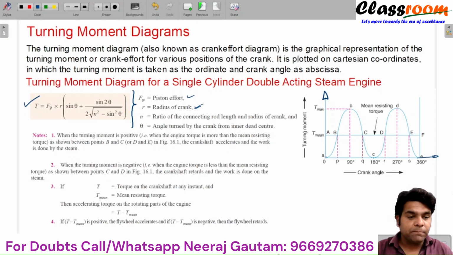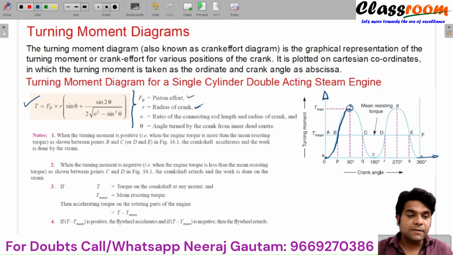You can see here the turning moment diagram for a double acting steam engine. In the first half rotation of the crank, that means when theta varies from 0 to 90 degrees, the turning moment increases. When theta is 90 degrees, the turning moment reaches the peak point.